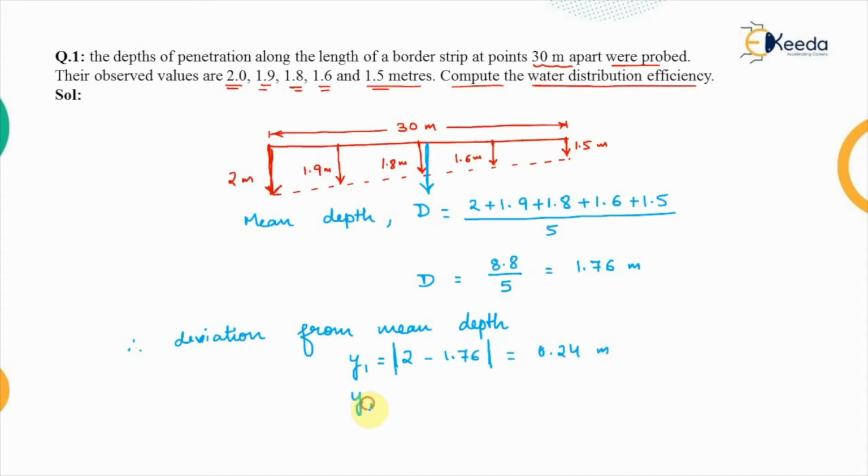Then similarly for y2 it will be 1.9 minus 1.76, which is equal to 0.14 meters. Then for y3 it is 1.8 minus 1.76, equal to 0.04 meters.